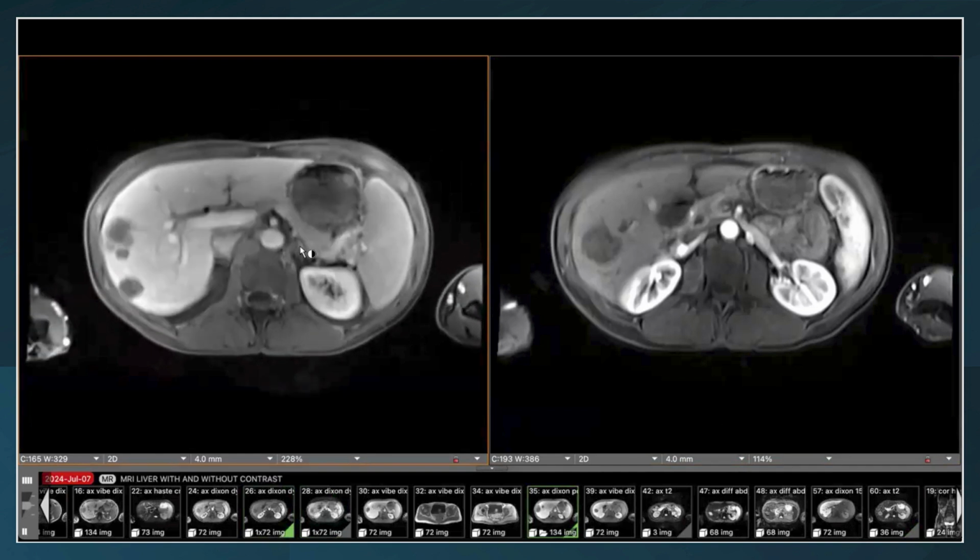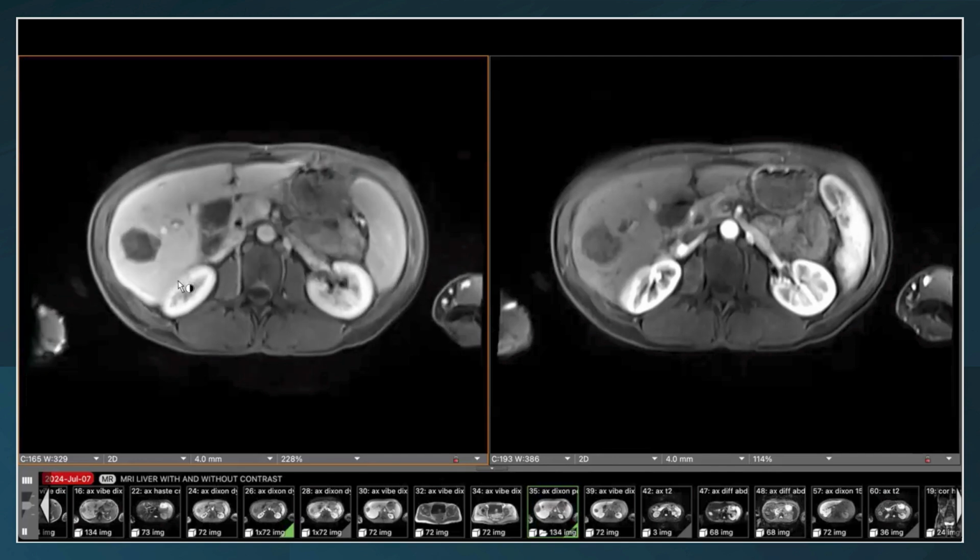Now, an important thing to realize about EOVIST MRI: you can actually tell what phase you're on by taking a look at the vasculature and the liver relative to the lesions. So these are hypovascular liver mets, which means they are going to be hypointense to the liver on the portal venous phase of imaging. We can tell here that we're in the portal venous phase of imaging because the portal vein here is bright relative to the background liver.